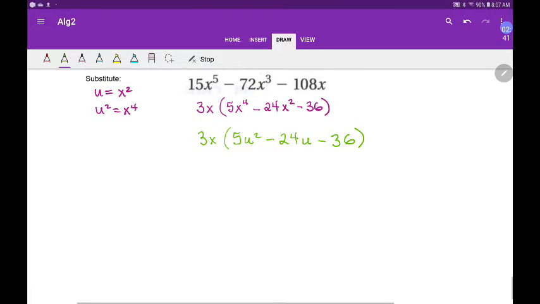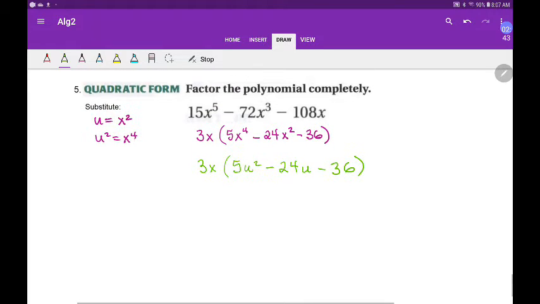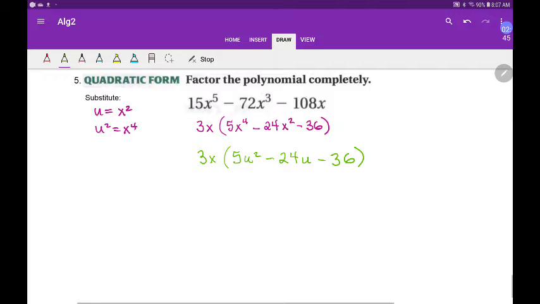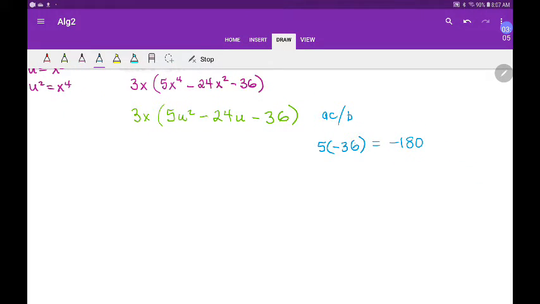So now it'd be nice if it was a perfect square or something, but it's not. So I think I'm going to use the AC-B method, and I'm going to say 5 times negative 36, a times c. That's going to be negative 180. So I want factors of negative 180 that add up to negative 24.